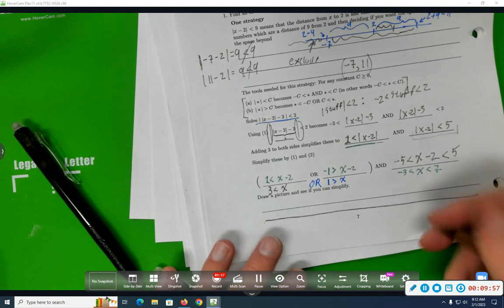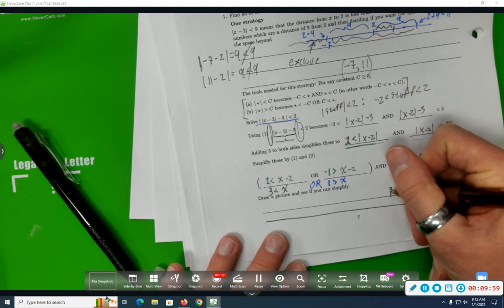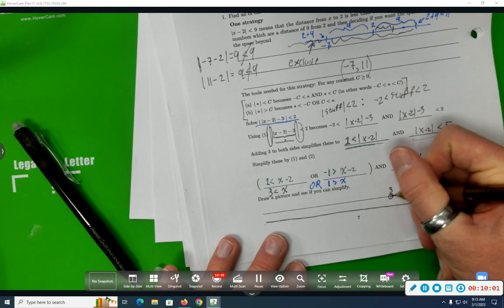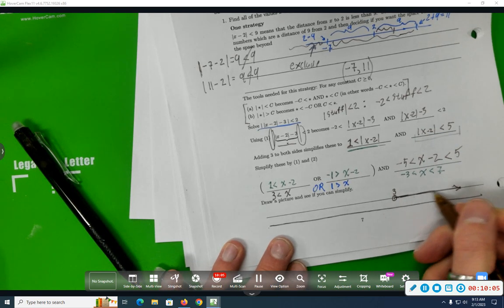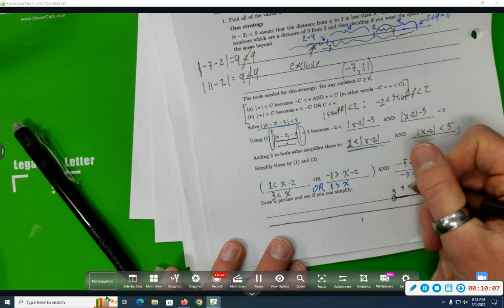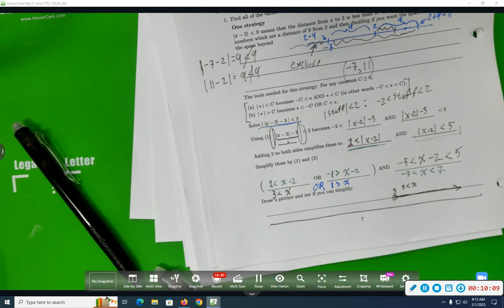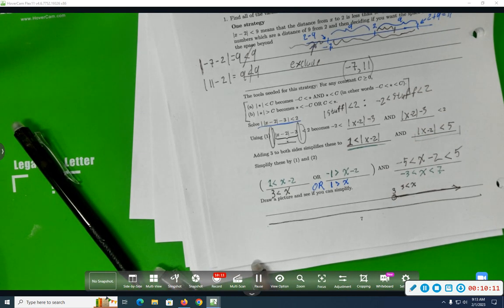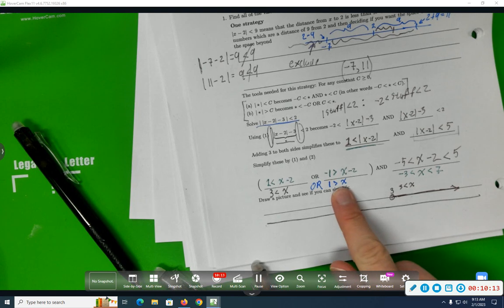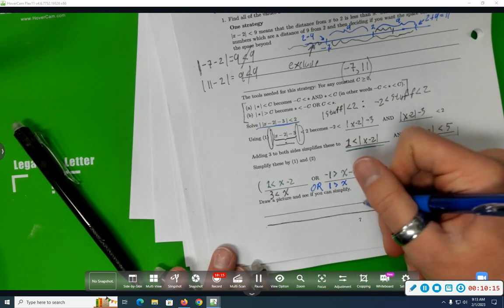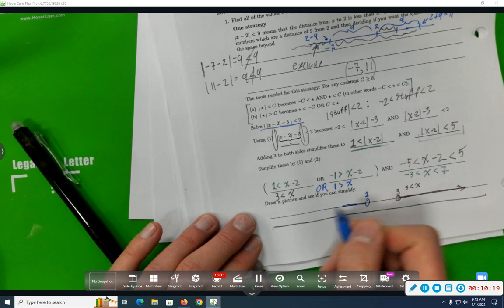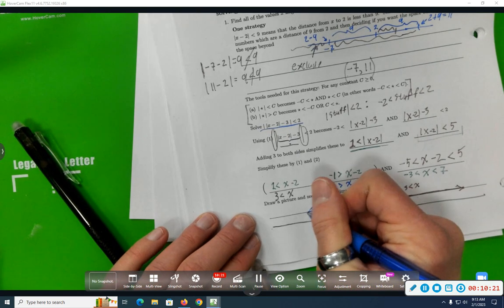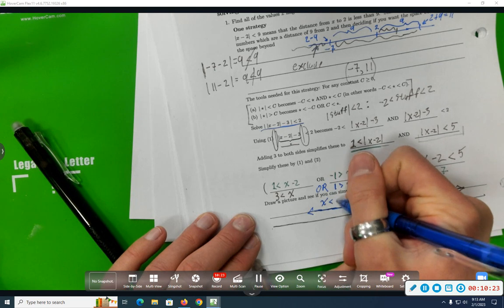So let's just draw that. There's 3, open circle. 3 is less than x. If x is less than 1, well, there's 1. There's x is less than 1.